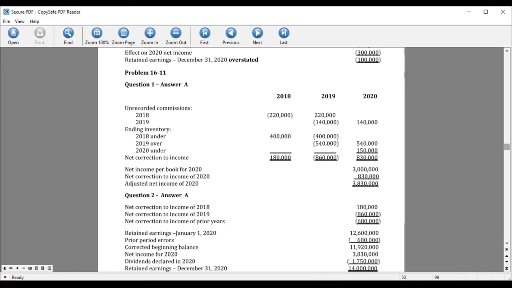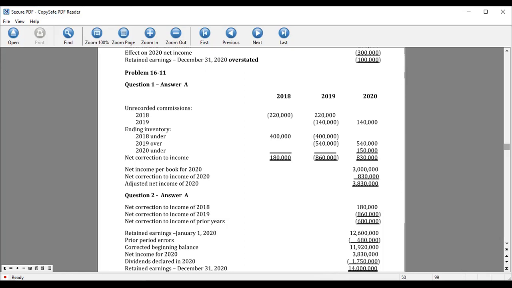So we have sales commissions. Sales commissions should be recognized by the company at the end of the 2 years. So we have 220,000 negative for 2018 because the expenses were understated, net income overstated.